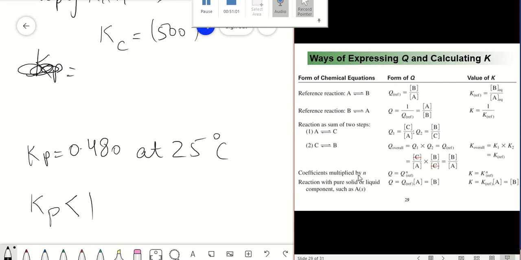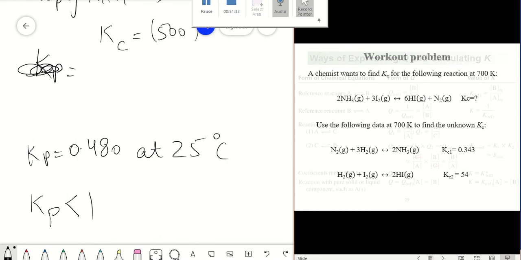If the coefficients are multiplied by n, K becomes K to the power of n. For a reaction with a pure solid or pure liquid component, such as A solid, we will not include that solid in the expression. Only the component that is not a solid or liquid is included. That's a summary of everything we just did.